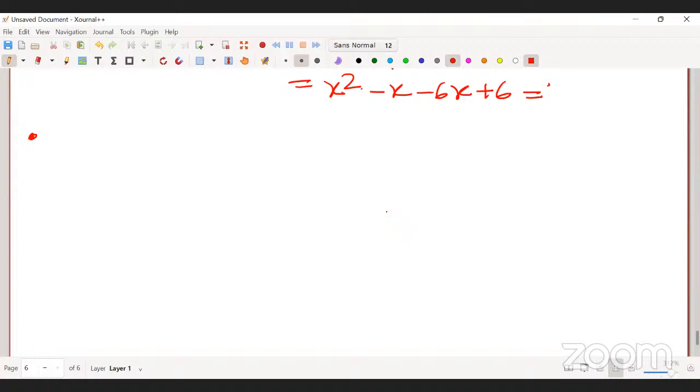Okay, so let me tell you. All the sides of the parallelogram are given, right?